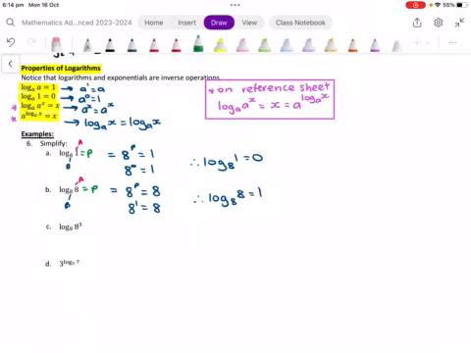Our next one, we'll have log base 8 of 8 cubed. We're going to let it equal p. So we'll have our base of 8 to our power of p equals our answer of 8 cubed.